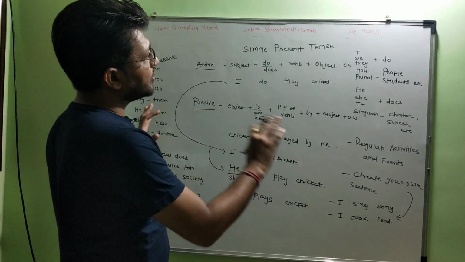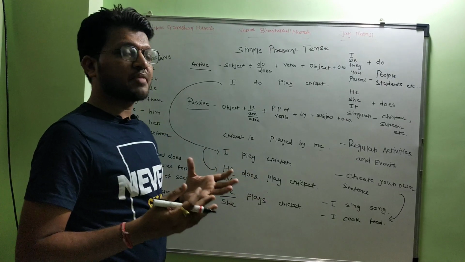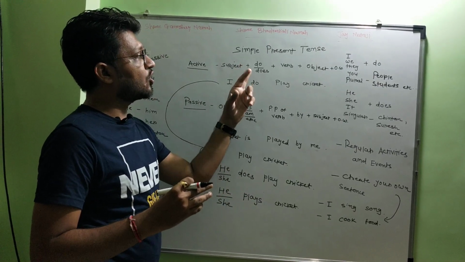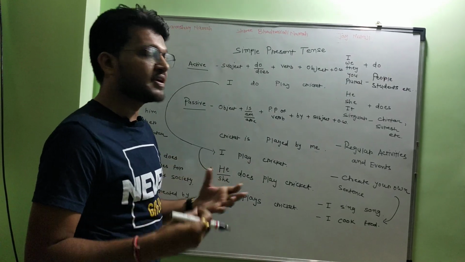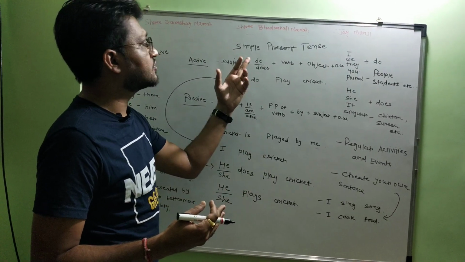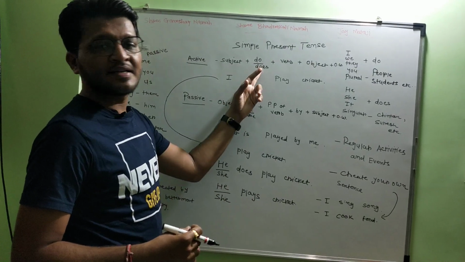Now by looking at this sentence structure, the question that comes to our mind is: when do we need to place do or does? With which kind of subject do we need to put do, or with which kind of subject do we need to place does?